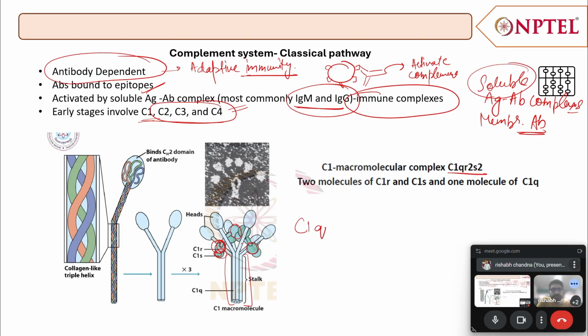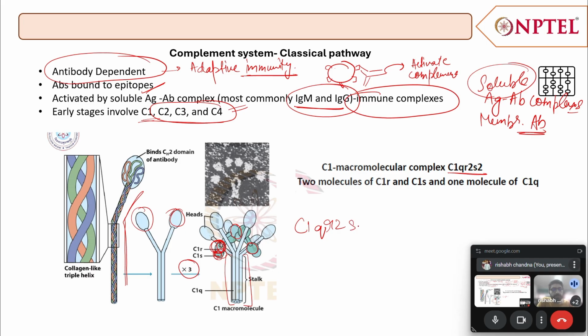So C1q has a stalk. It has a collagen-like triple helix that forms a rigid rod-like structure, and it has heads. Now this C1q basically has three molecules, and one C1q unit has two heads. So two into three means there would be six heads. So there are six heads of the C1q, and then we have one C1q, two C1r, and two C1s.